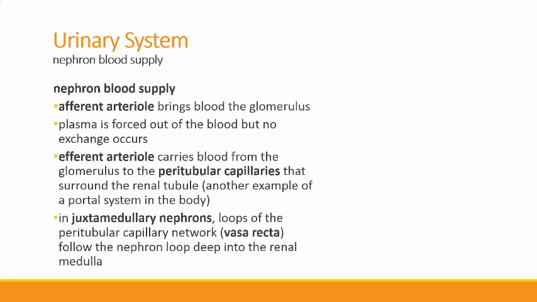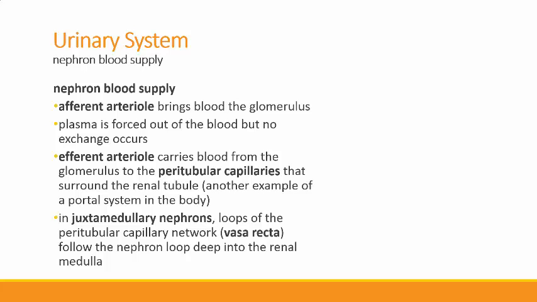As we've talked about before, the afferent arteriole brings blood to the glomerulus. The efferent arteriole carries blood away from the glomerulus and toward the nephron loop. We call that capillary network around the nephron tube the peritubular capillaries.